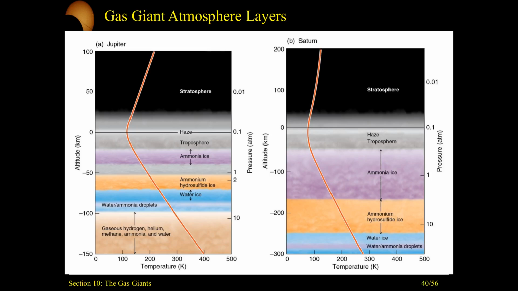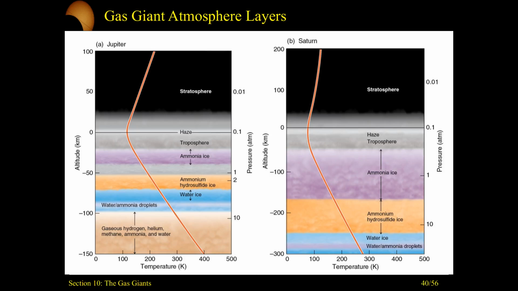Right above that, we jump straight into the stratosphere. But once again, for the gas giants, we care more about going down into the planet where the temperature is increasing. Through those, on Jupiter, we'll start to find this layer of ammonia ice, ammonia hydrosulfides, some water ice, and then we start getting down to the gaseous hydrogen and helium. More methane, more ammonia, just nitrogen and hydrogen making chemical compounds together.